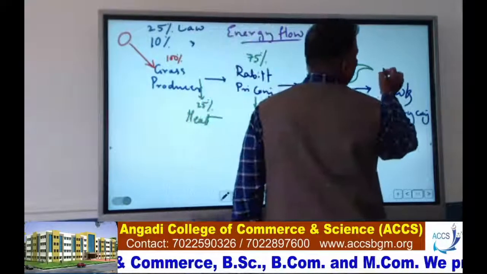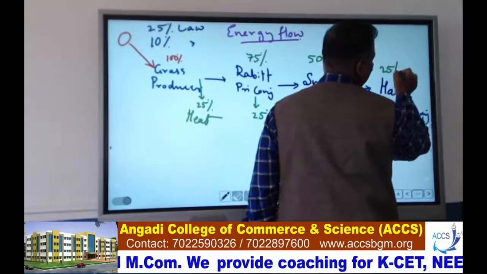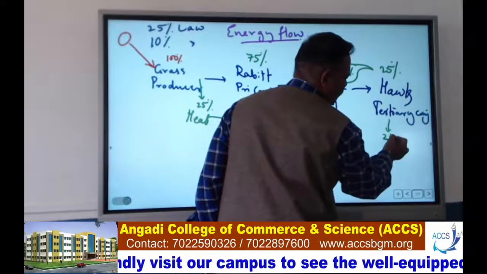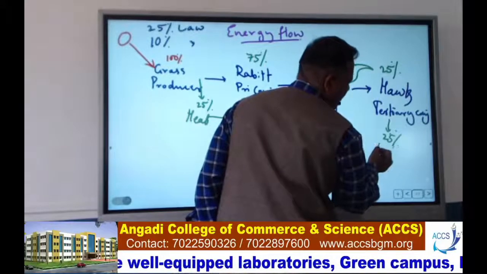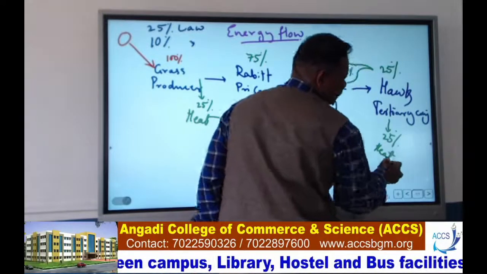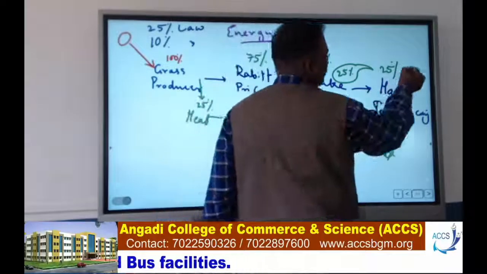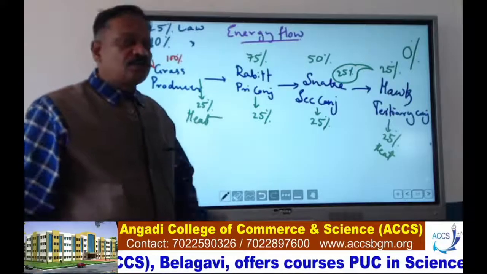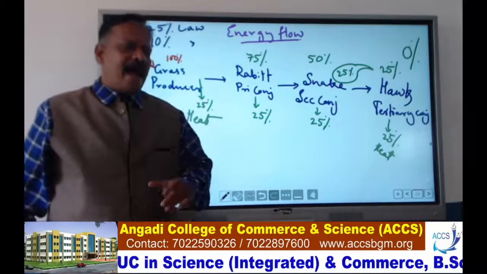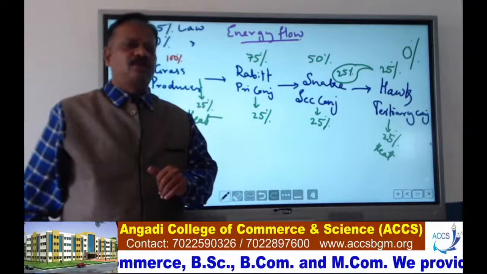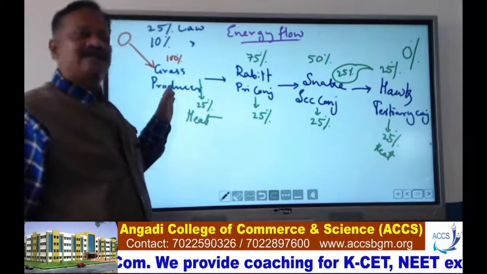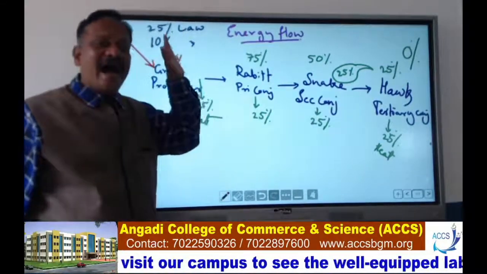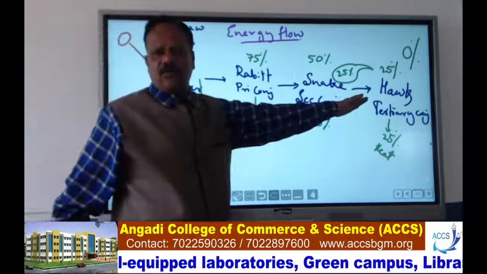And the hawk, whatever 25% it is receiving, it utilizes, and that 25% of energy is lost in the form of heat. So the balance energy you are observing is totally 0%. Because of that, I am telling you a very important point: the producers are stronger, or more energized, than the carnivores. Why?